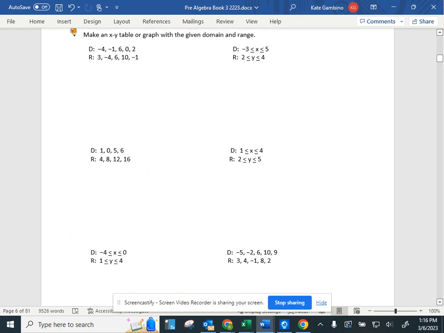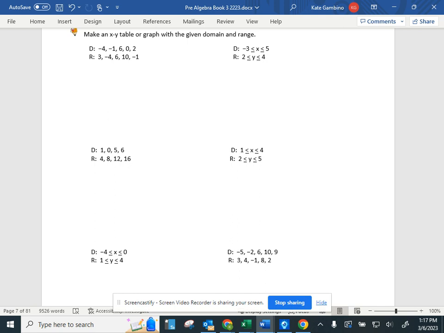Now we're going to make an XY table or a graph with the given domain and range. So let's see how that works. You look confused, James.